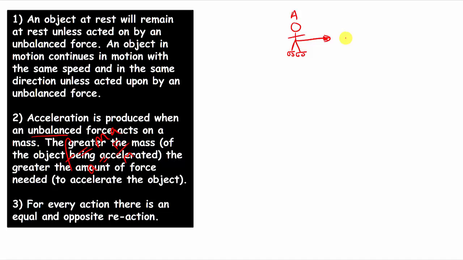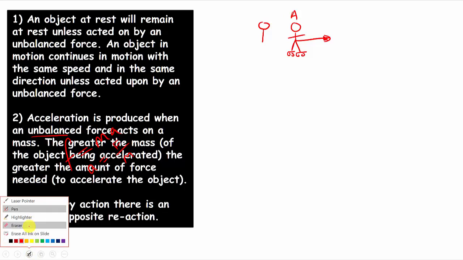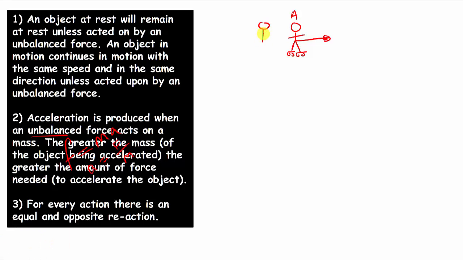So how are we going to apply that unbalanced force to them? Well, let's start off with a simpler example. Let's say we have person B. Let's do person B in a different colour, shall we? Person B also on roller skates, so we can expand on some of these points. Let's say person B gives person A a big shove, a push.